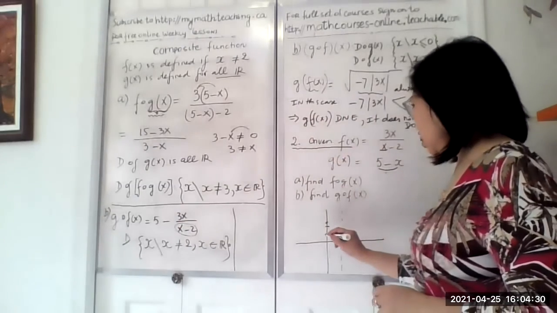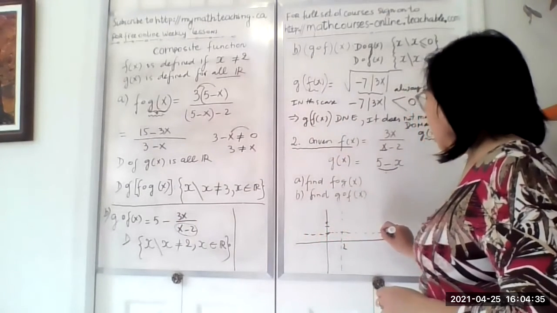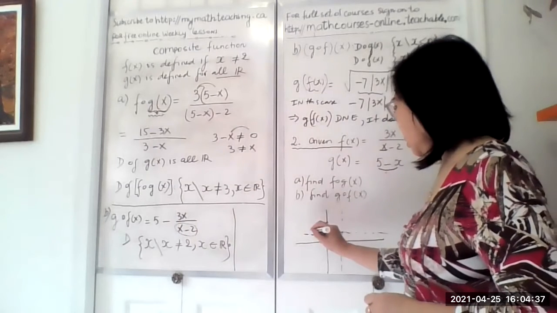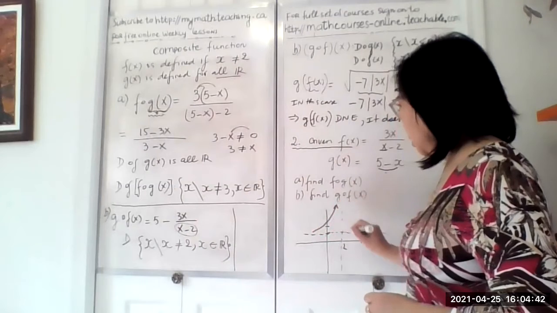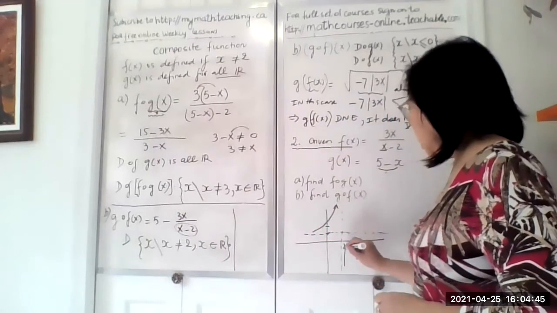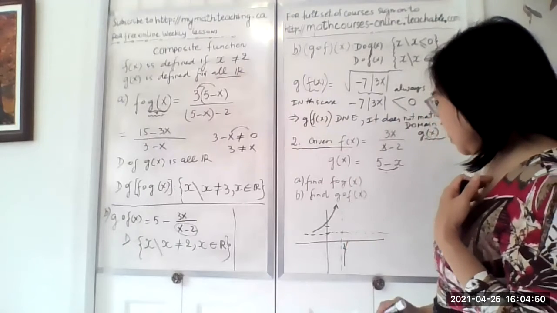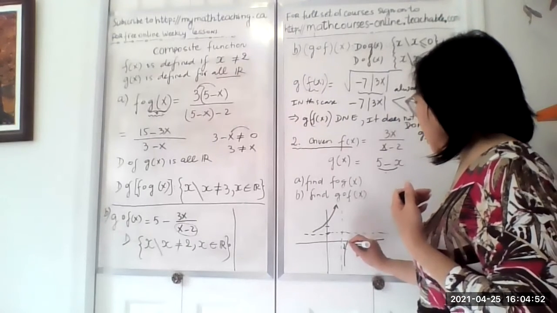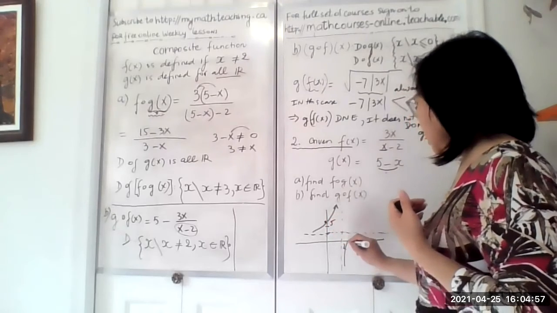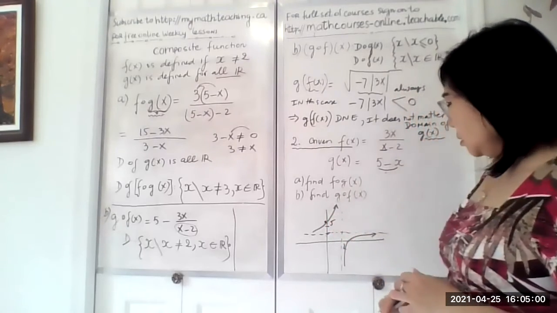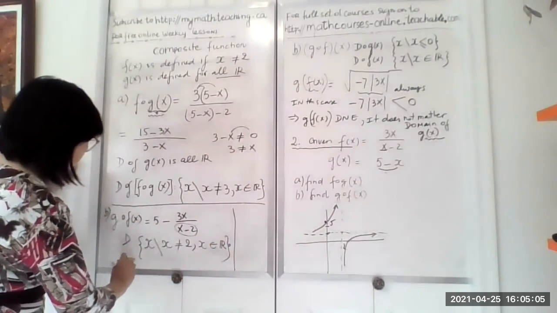So 5 minus 3 is 2. So the horizontal asymptote is here, and this is the shape of our rational function.